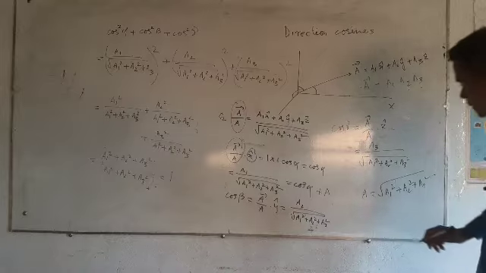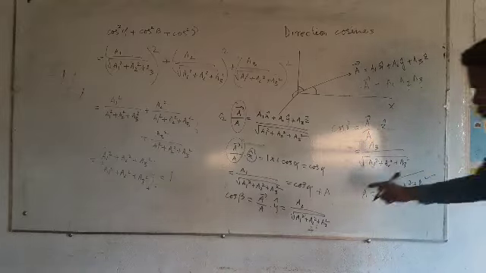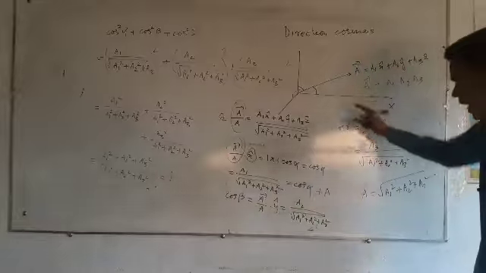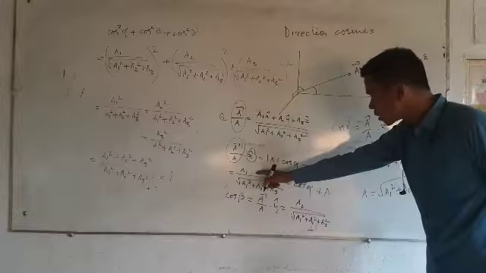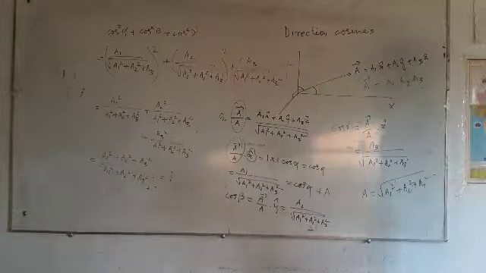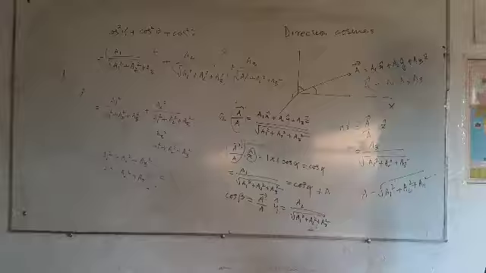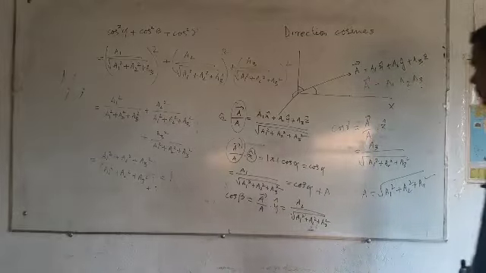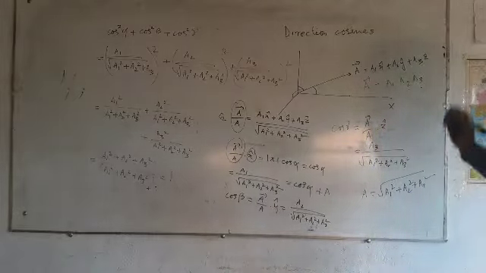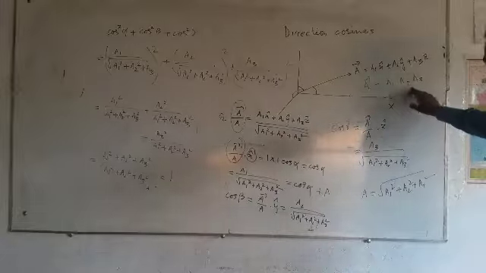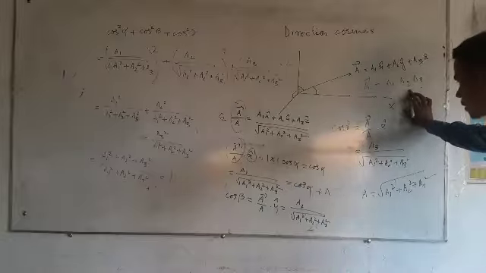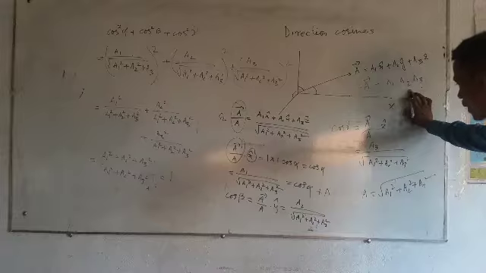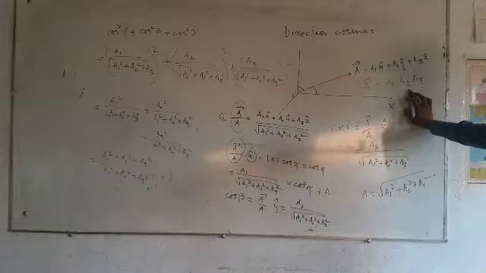Therefore, multiplying the cosine of the angle alpha made by the vector with the x-axis by the magnitude of the vector yields the component of the vector along the x-axis, that is the direction ratio along the x-axis. The second direction ratio, the component along the y-axis, A2, is obtained by multiplying cos beta with the magnitude of the vector A, root over A1 square plus A2 square plus A3 square.